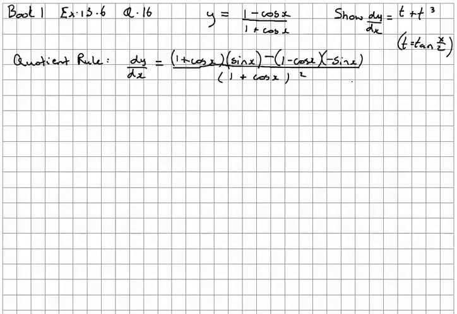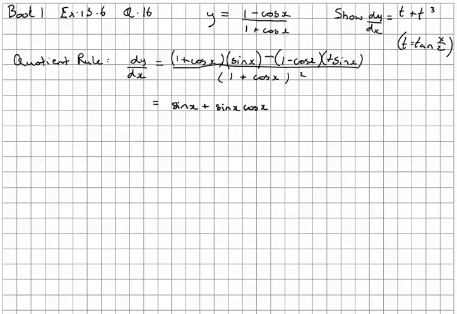Okay, let's see if we can tidy this up a little bit. It gives me 1 plus cos x times sin x, which gives me sin x plus sin x cos x.